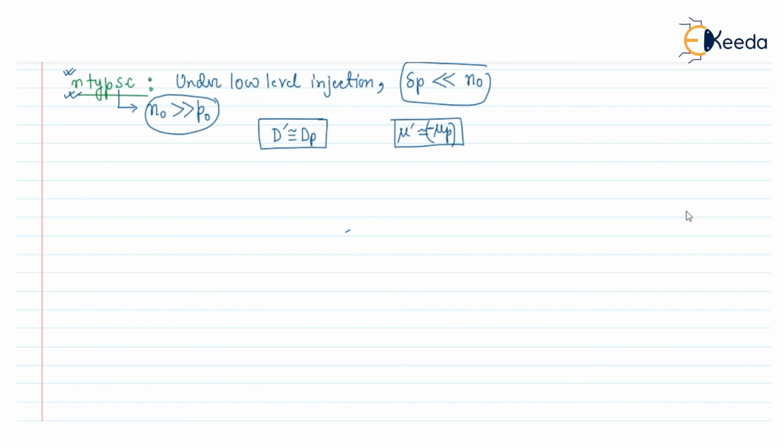And for n-type semiconductor, for effective mobility, we'll have an extra minus sign. So this is all about the ambipolar transport phenomena that take place inside the intrinsic semiconductor and extrinsic semiconductors, that is n-type and p-type. Thank you.